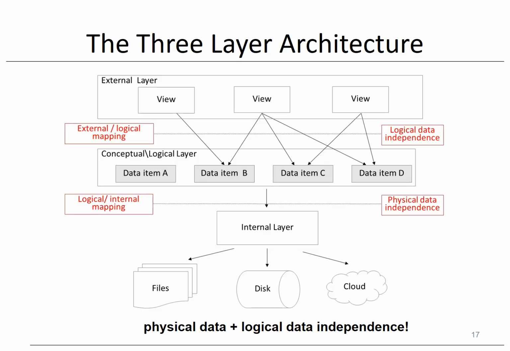In the external layer, we have the external data model, which includes views, each offering a window on a carefully selected part of the logical data model. A view describes the part of the database that a particular application or user group is interested in, hiding the rest of the database. It's used to control data access and enforce security.